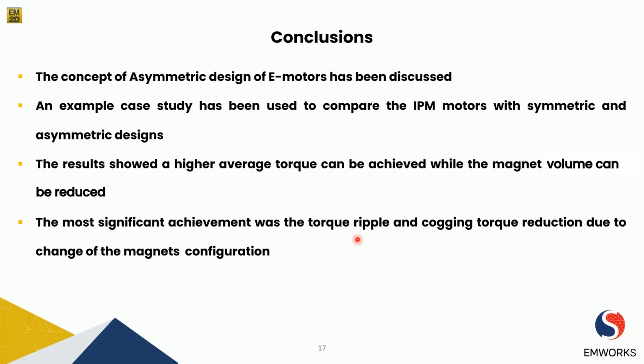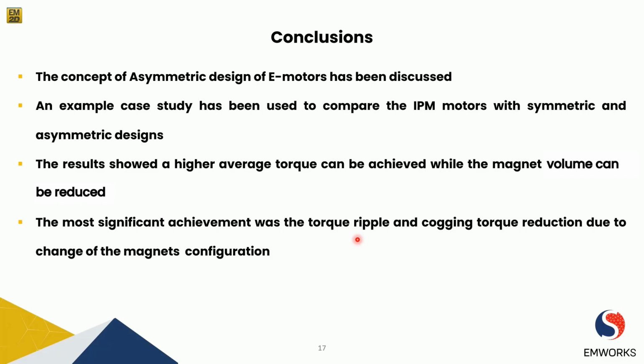Well, as a conclusion of this webinar, first we talked about the concept of asymmetric design of e-motors, and we talked about how we can apply it, how we can adopt it when we want to target the torque improvement part of the design.